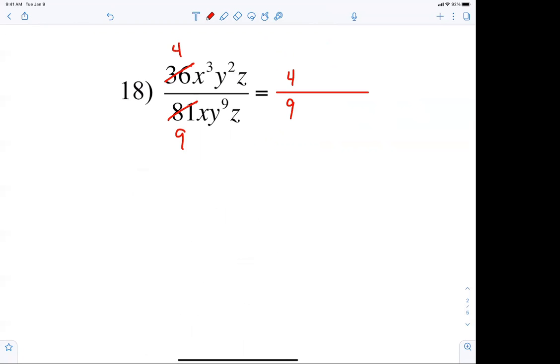And then x cubed over x squared on top, and then y to the 7th on the bottom. And then what happens? Z cancels. All right, once again, anybody have any issues?